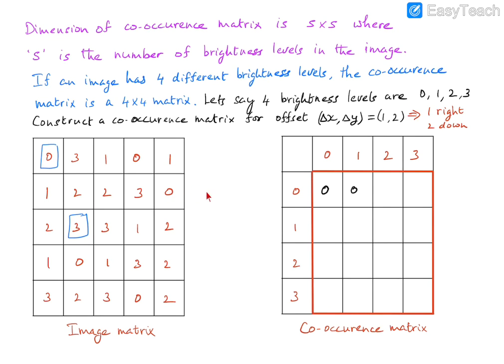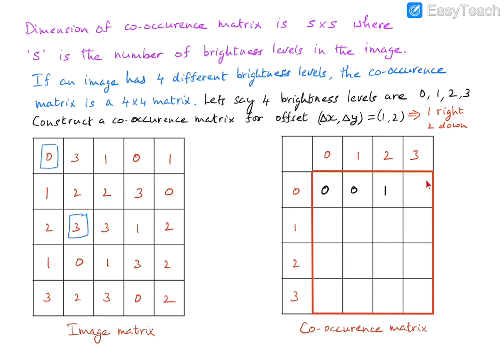So for this, it takes us outside the image, so we can't do that. For this also, it takes us outside the image, it doesn't matter. And here also it goes outside the bounds of the image. So therefore 0 2 occurs only 1 time, so we'll write it as 1. So the number of times that particular pixel pair values occur at that particular defined offset is what we are computing in the co-occurrence matrix.